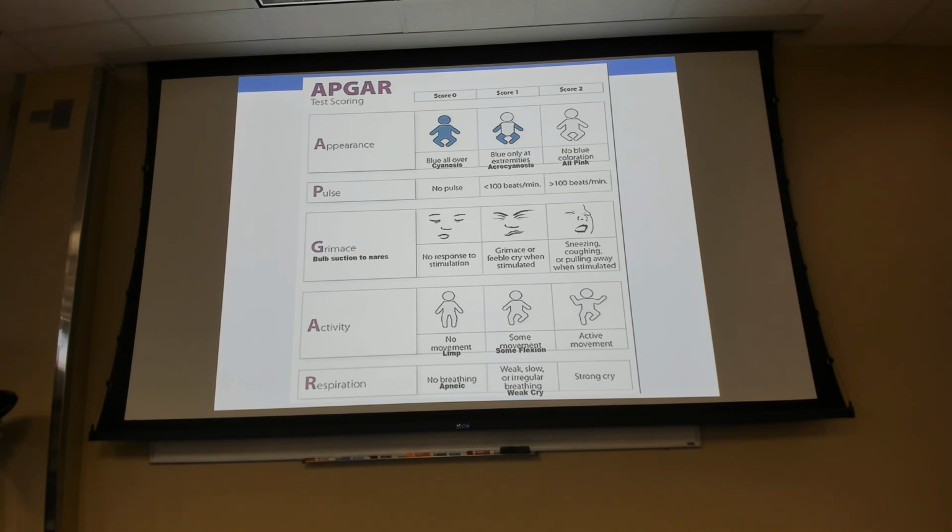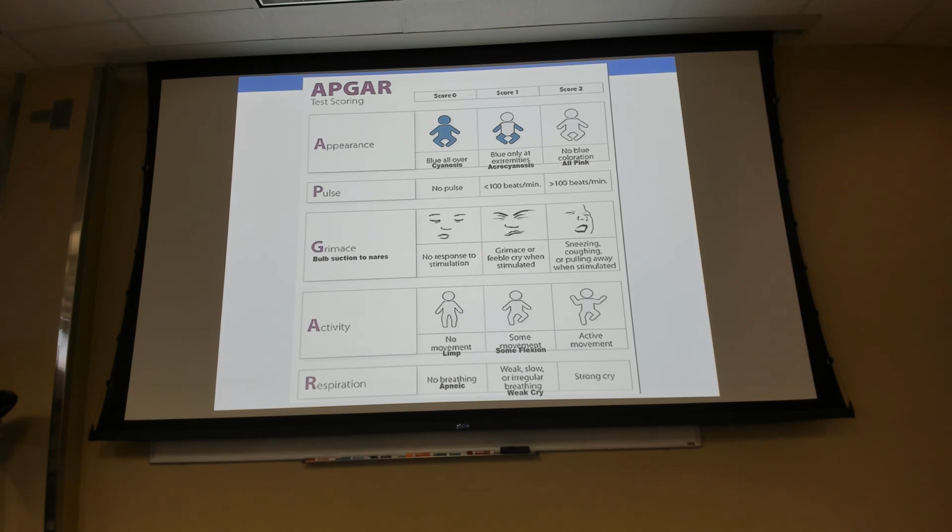Something to know specifically with that one is that acrocyanosis is what almost every single baby will have, meaning their trunk and their head and some of their proximal extremities are pink, but the hands and the feet are still blue, because that takes a little while to get fully oxygenated.